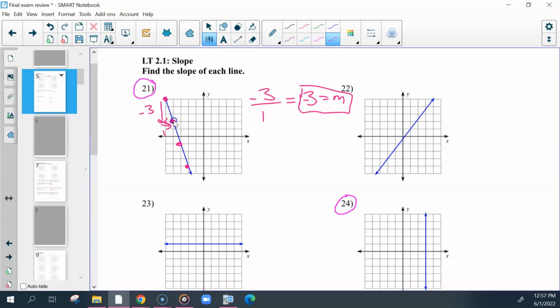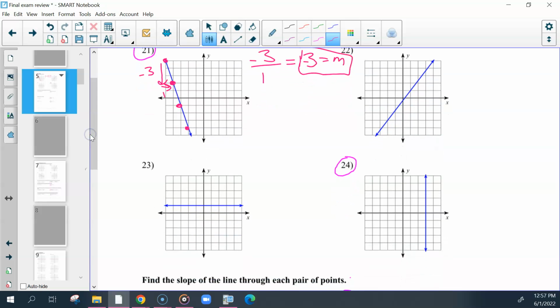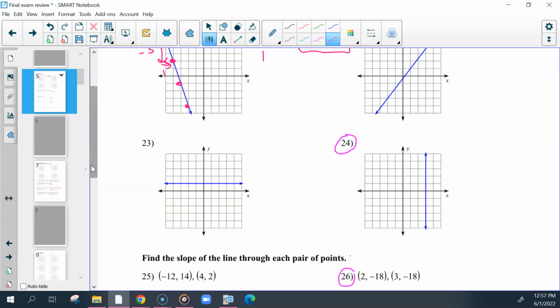Do we have any questions on that one? For number 24, this is a vertical line. So anytime you see anything with slope, writing, graphing, something with a vertical or horizontal line, write your formula somewhere.